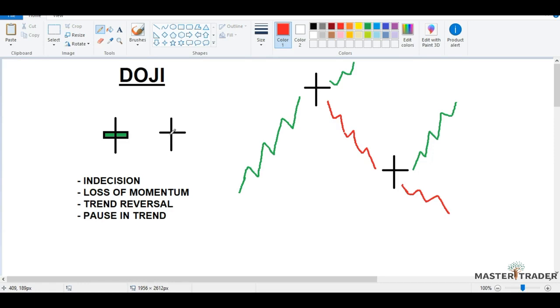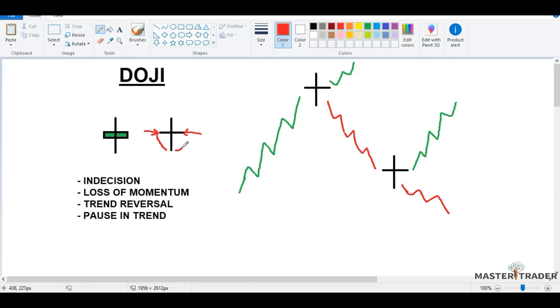So as we know, this is our opening price. This is the closing. This is the high and that's the low. So generally what happens in a doji is, let's say price opens here and then it starts going down, and it makes this low price here.